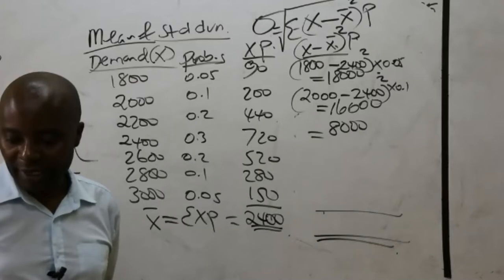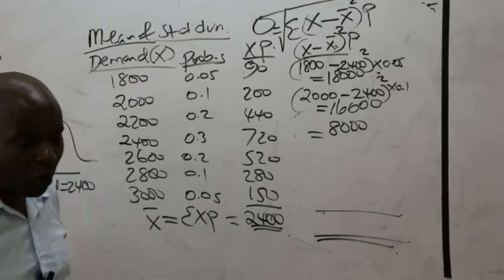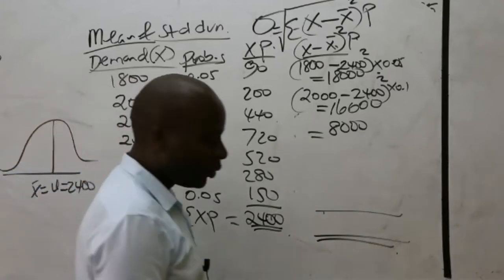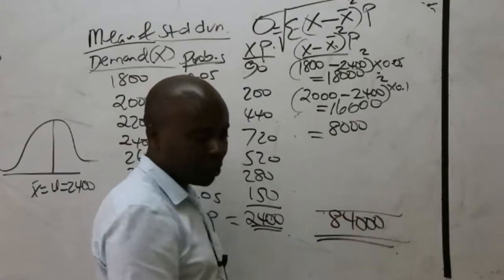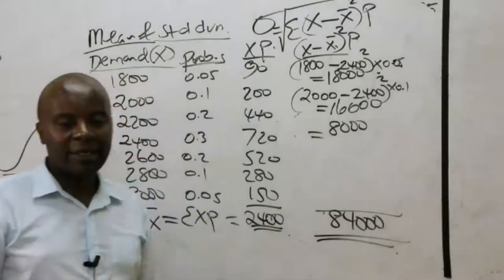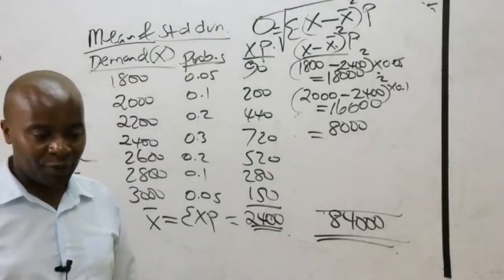The total answer is supposed to be 84,000. Is there anybody who is able to confirm that 84,000? Anyone else who is able to second Clement? Okiri Frederick.